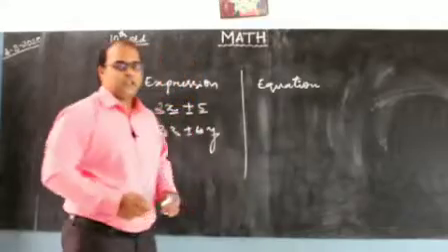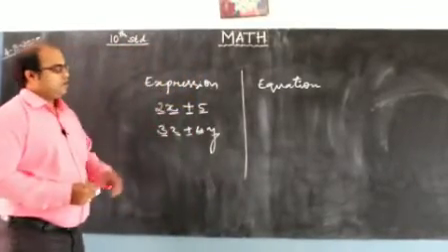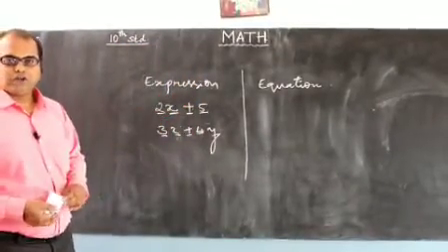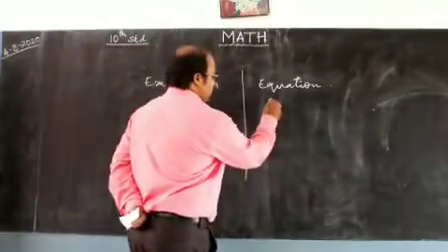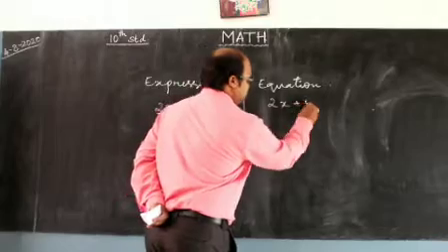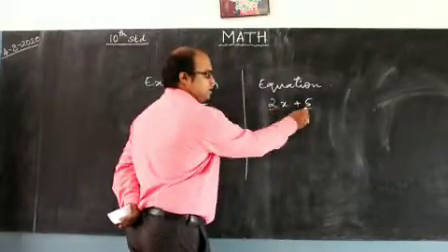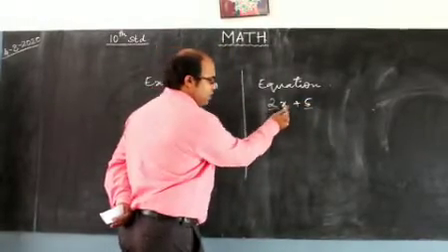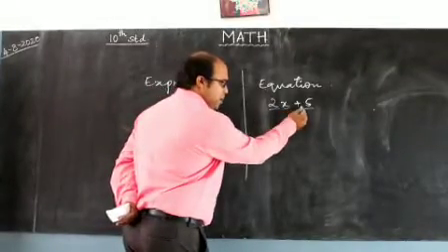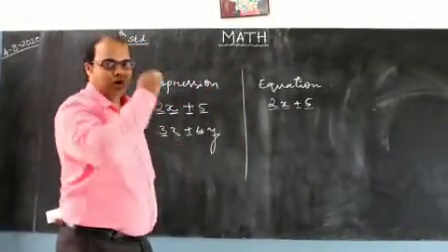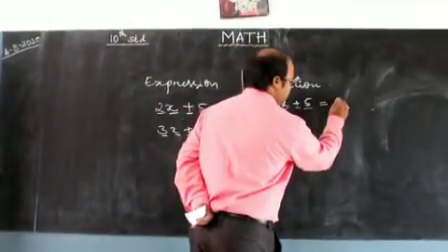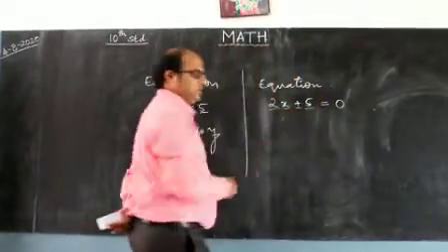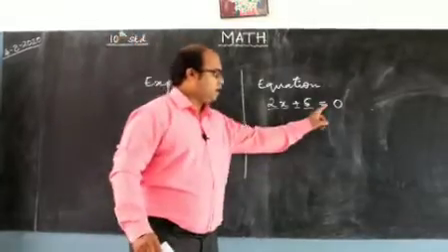What is this equation? Equation is also a mathematical statement which contains a constant. You can see a constant, you can see a variable, you can see a mathematical operator. Along with this, it is equated to a number. That means you will find an equal sign.